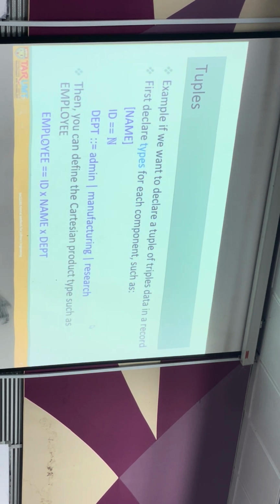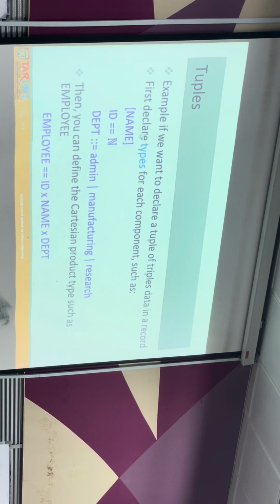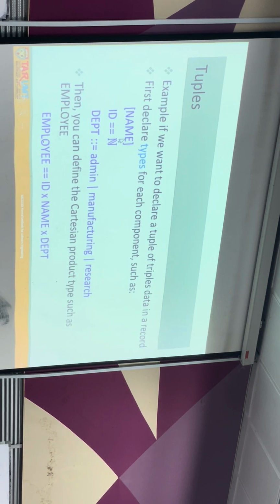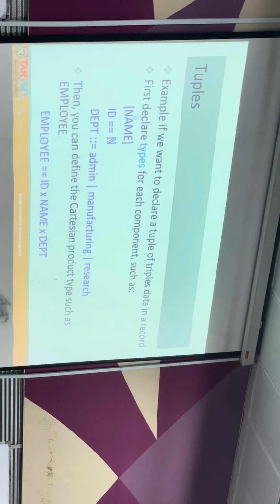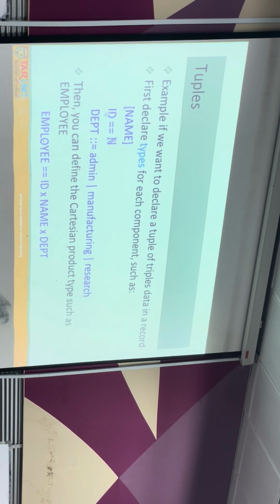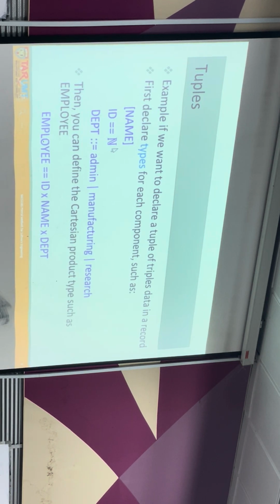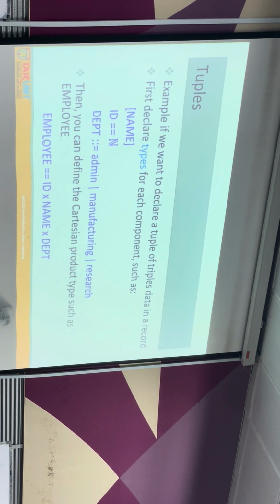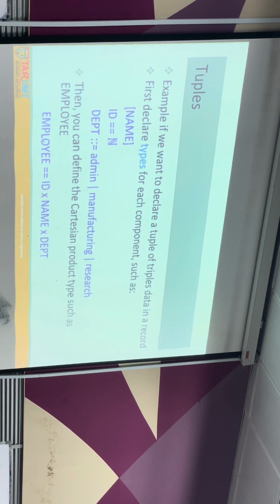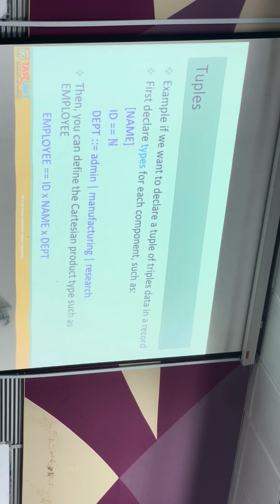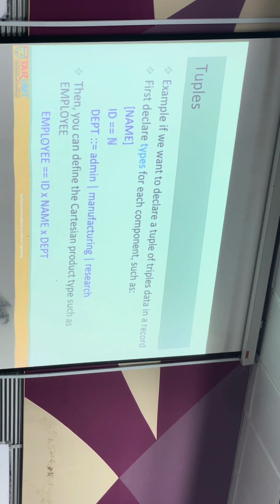So let's say I have 3 different types. One is a basic type, a built-in type N, but you want to give a new nickname for N, because in your system you don't like to use N. The nickname is ID.